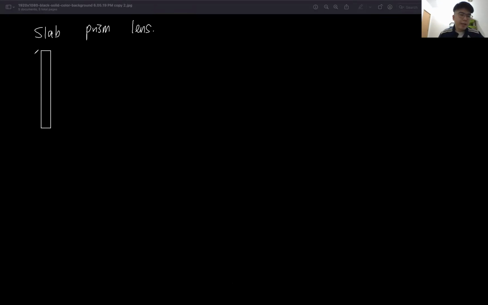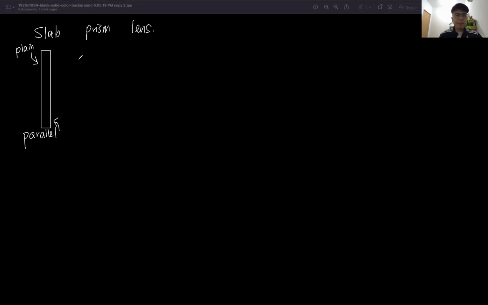Transparent, and the reflecting surfaces are plane. Plane surface means flat. And you can see the two surfaces are parallel. So I say here the property of a slab is two plane surfaces, two flat surfaces, and also they are parallel. Okay, that we call a slab.